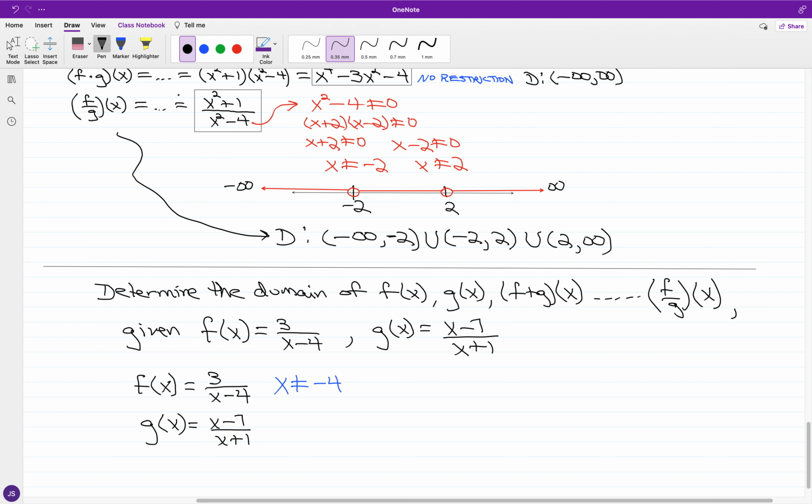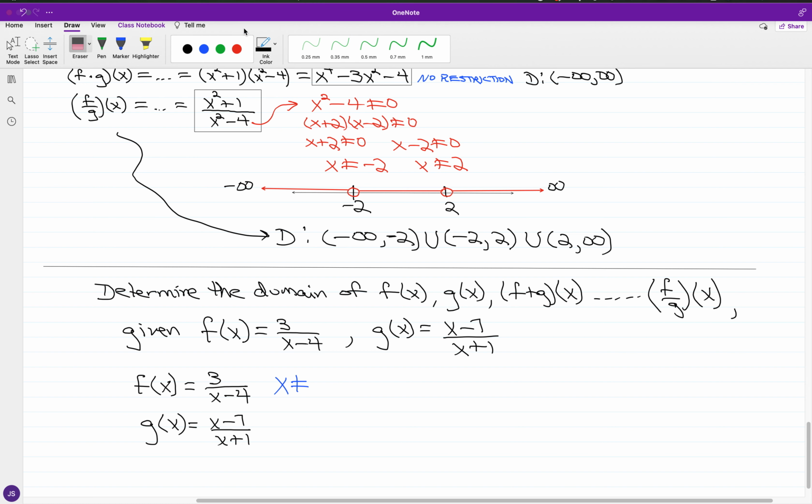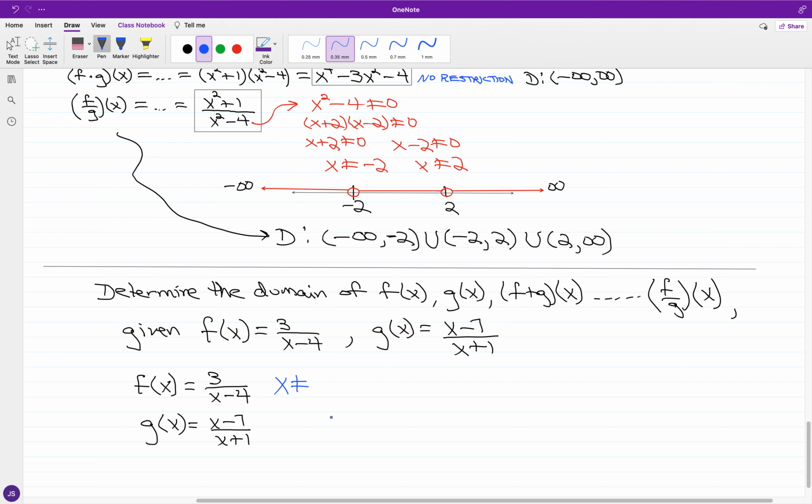Sorry, I have a question. It can't be -4? Can't be +4, my bad. I was reading it as x plus 4 for some reason. Okay, so for g of x, now x plus 1 cannot be 0. So x cannot be -1.